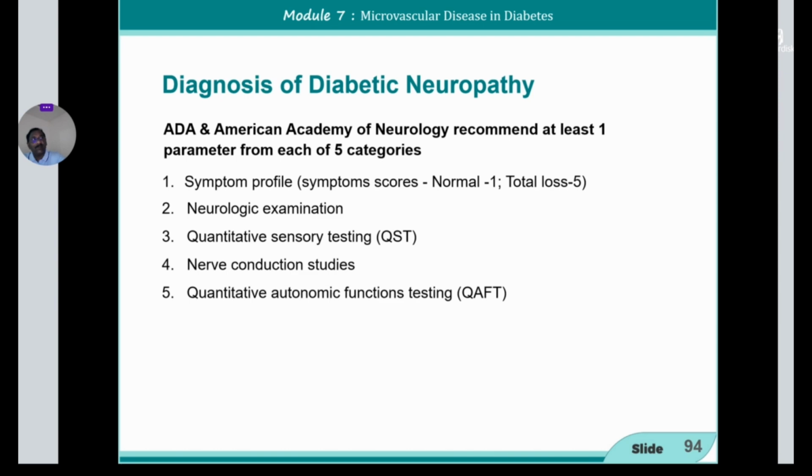You examine with the 10 gram monofilament or with your 128 Hz tuning fork, and then your reflexes. These are all your neurological examination, or your diplopia, or your pupillary examination, etc. And then the quantitative sensory testing and nerve conduction studies we get from the labs, and the autonomic function test you have to order outside.